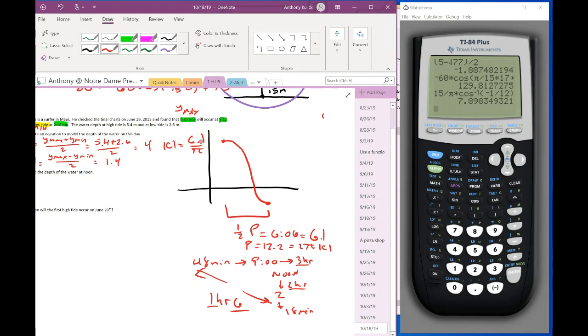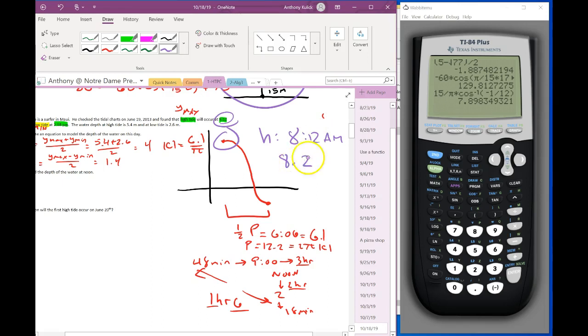Next up is to figure out my value for h. So I'm going to be starting with a maximum. So the x-coordinate for that maximum is just going to be my value for h. So h is going to be 8:12 a.m. I need to convert that into hours, though. So that's going to be 8 hours and 12 minutes. 12 divided by 60 is 1/5.